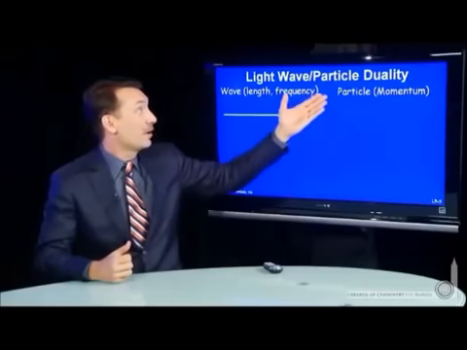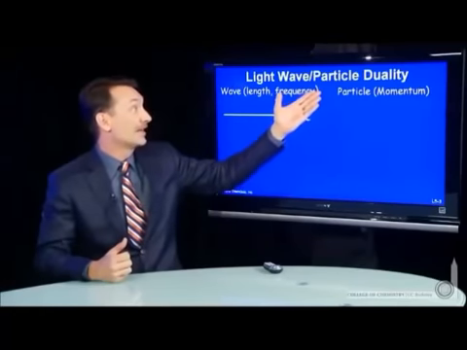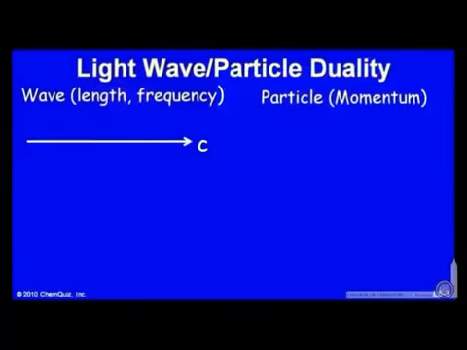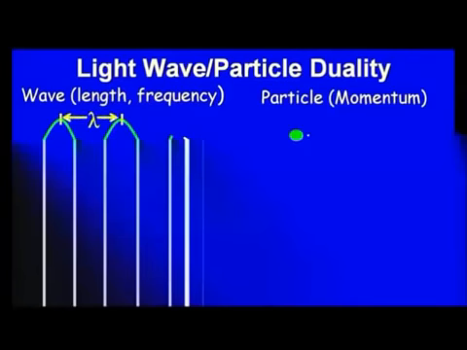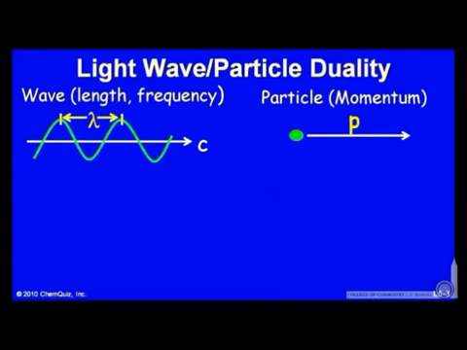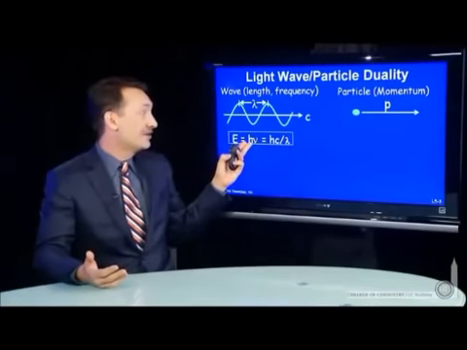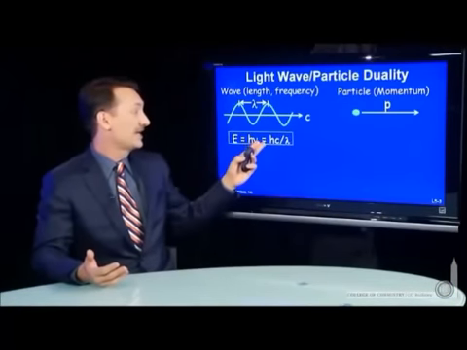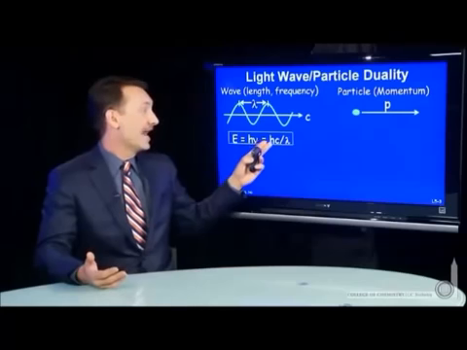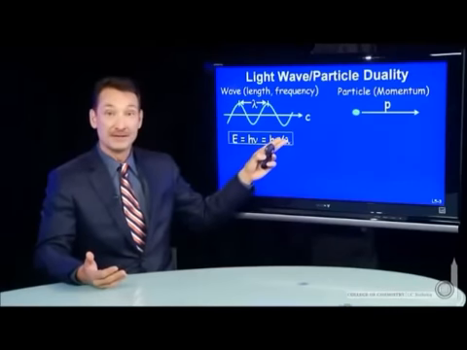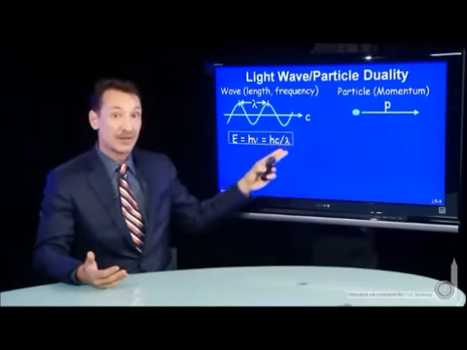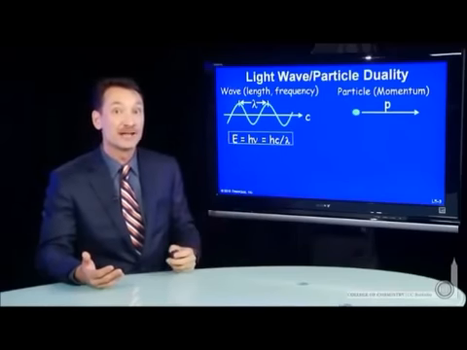The light wave-particle duality. If light behaves like a wave, we understand, with a wavelength and a frequency and a speed, we can write down its energy as a particle as h times nu and h times c over lambda, using the wave properties to write the energy in two different ways.